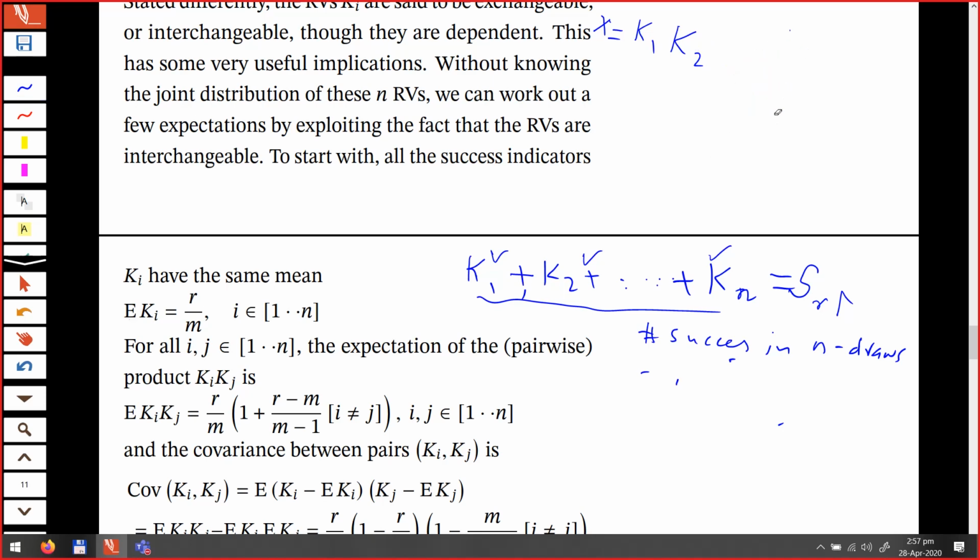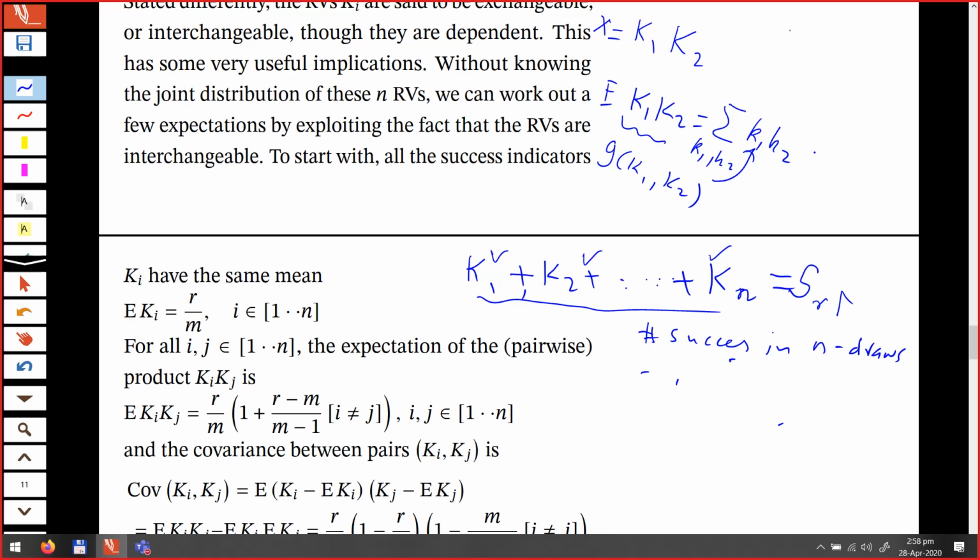So if I want to know the expected value of K1 K2, what should I do? Do you remember the expectation formula? This is g of K1, K2. So you write the values of that g here. You write small k1, small k2, and you add over all possible values of K1 and K2, which is either 0 or 1.